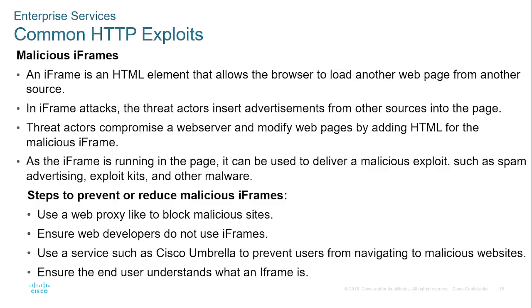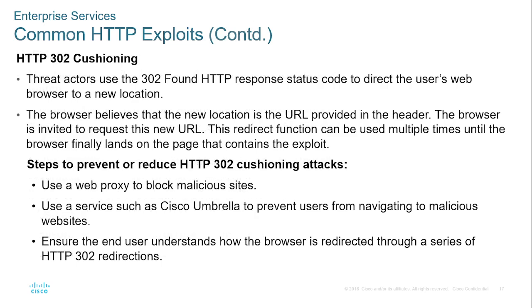We can also ensure that the web developers do not use iframes at all on the sites that we consider sensitive, and use services such as Cisco Umbrella, which can monitor and block bad sites. So it prevents users from navigating to malicious sites, and then we can ensure that end users understand what an iframe is. They should be knowledgeable about that.